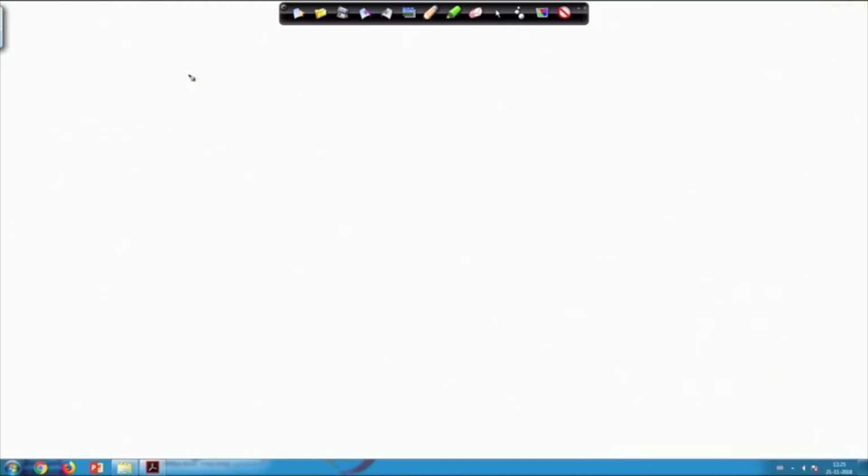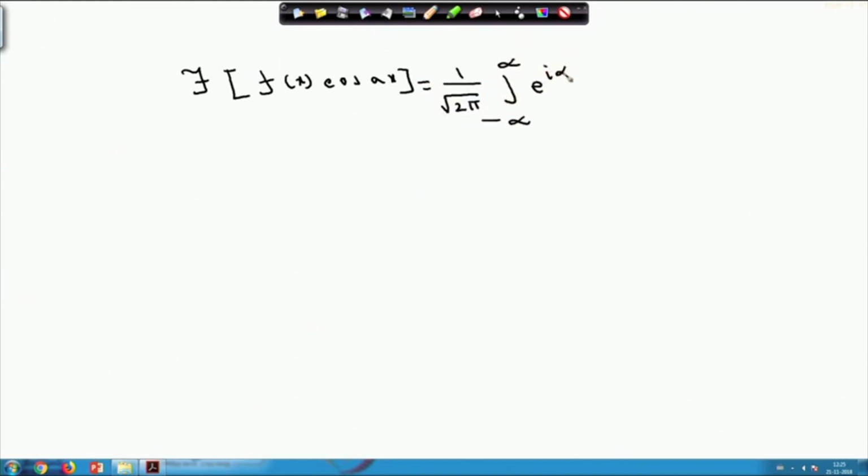I think if we can prove the first two, then the third, fourth and fifth one you can prove on your own. So, let us go to the proof of the first one, Fourier transform of f of x cos a x. We are starting again from the left hand side. This equals 1 by root 2 pi, integral from minus infinity to infinity, e power i alpha x into f x cos a x dx.